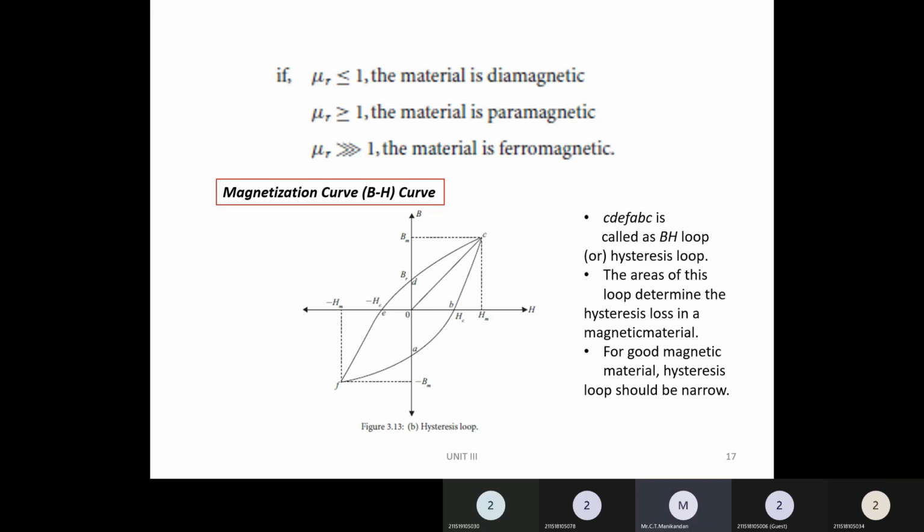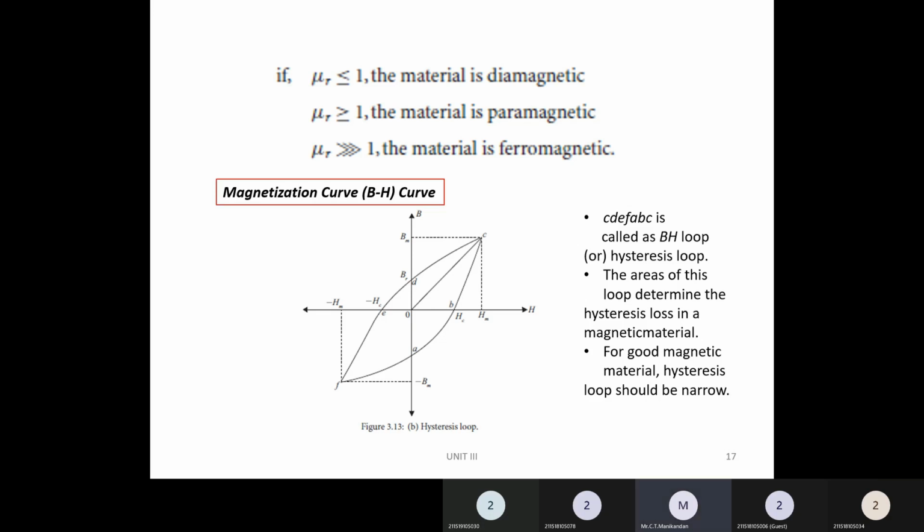After C, I reduce the H value, but the flux density does not follow the same path; it takes a new path and ends at D. This OD is what we call the residual flux.